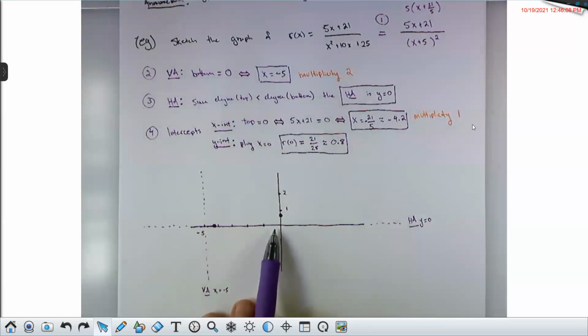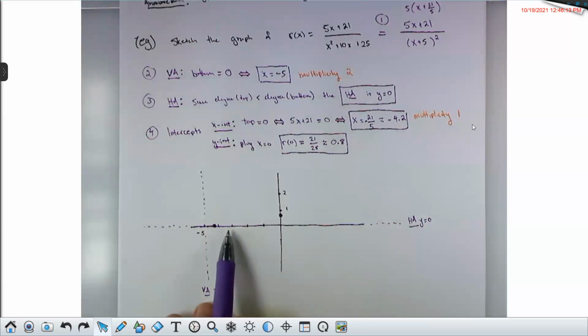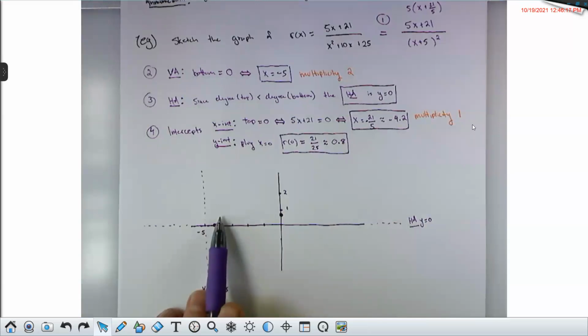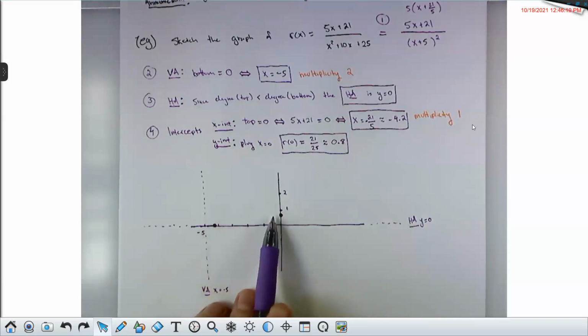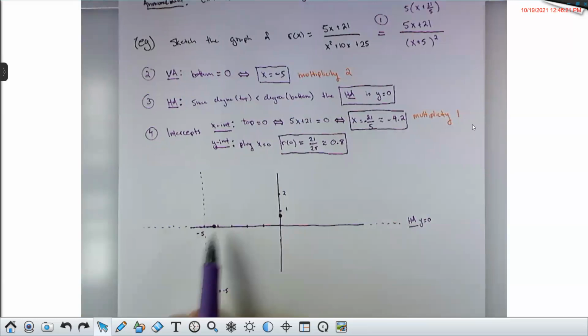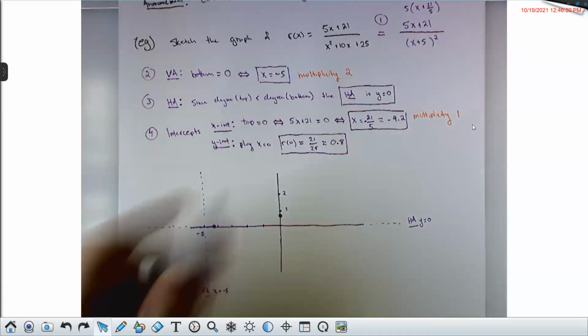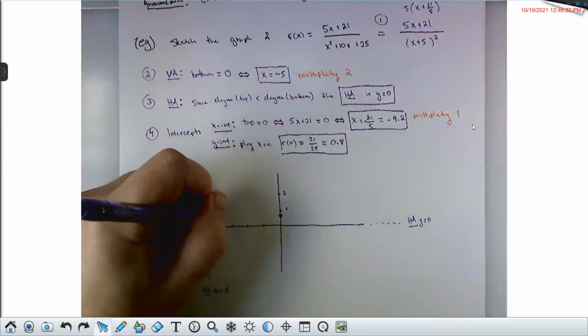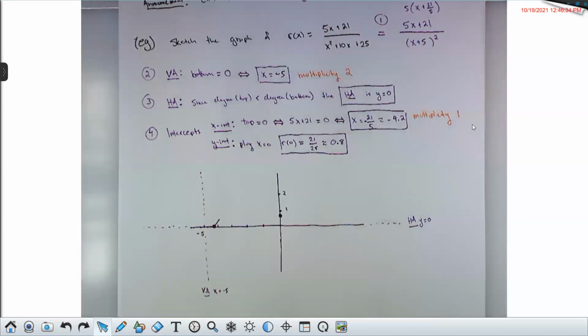There are no other vertical asymptotes or x-intercepts anywhere in this region. So if my function comes out here positive, it's going to stay positive until it gets over here. And if my function comes out of here negative, it has to stay negative until it reaches something. Because this is positive, I have to arrive at this y-intercept positive.